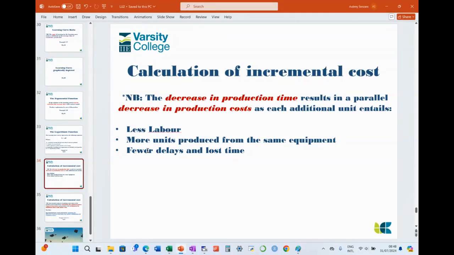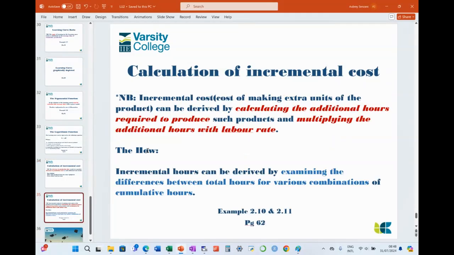Okay, but yeah, we'll get into that when we do exercises. The decrease in production time results in a parallel decrease in costs, as each additional unit entails less labor, more units produced from the same equipment, fewer delays, and lost time. Okay, so that's just a little more meat on what we were discussing earlier.